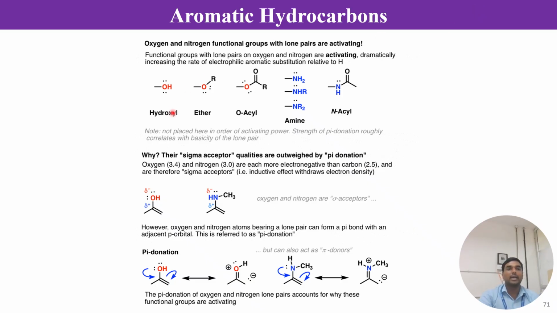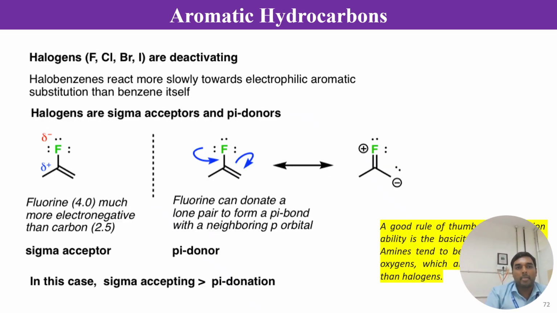You can see hydroxyl, ether, O-acetyl, amine, N-acetyl groups. So they are electron donating or activating groups. Whereas when you have the pi, you can see here that their sigma acceptor qualities are outweighed by the pi donation because of the lone pair availability, and it will push the electron density towards the benzene ring, and you will see the negative charge formed in the ortho and para positions.